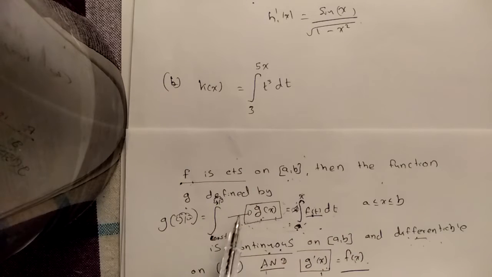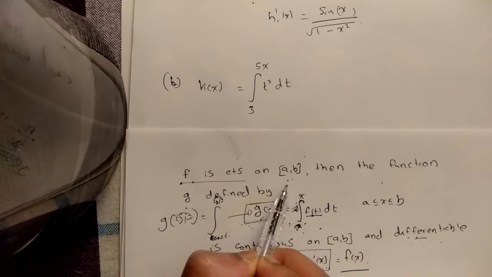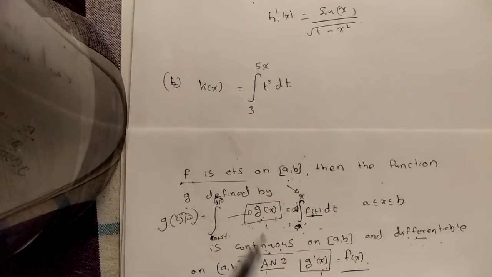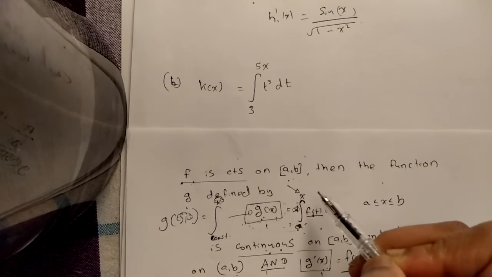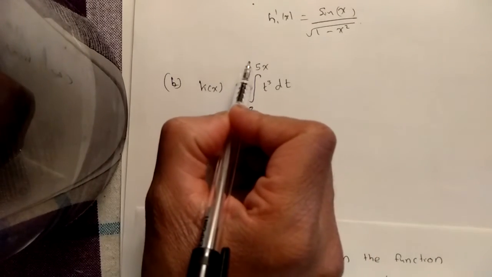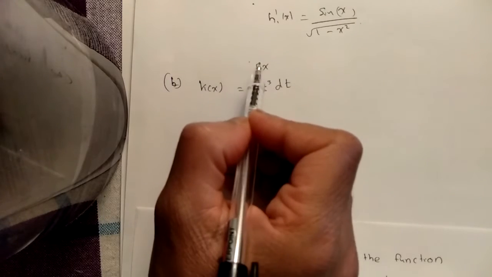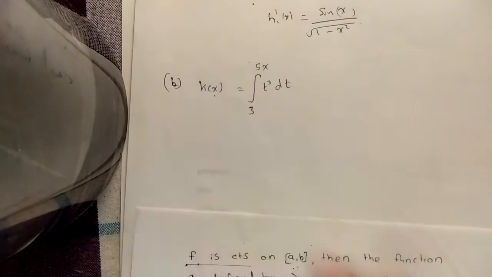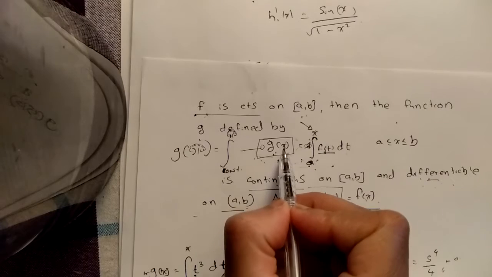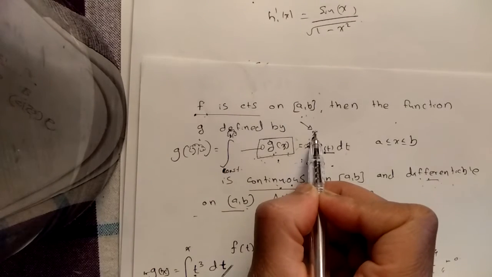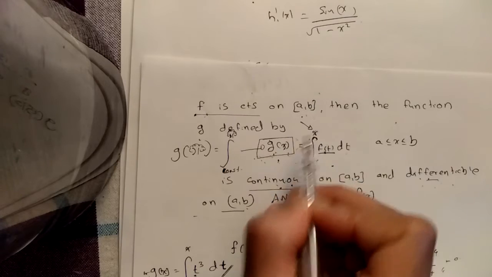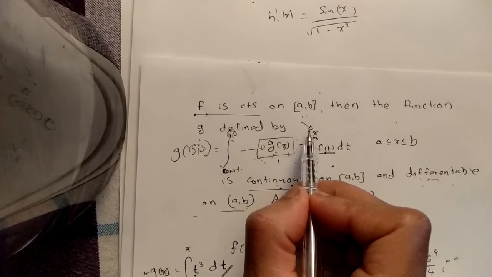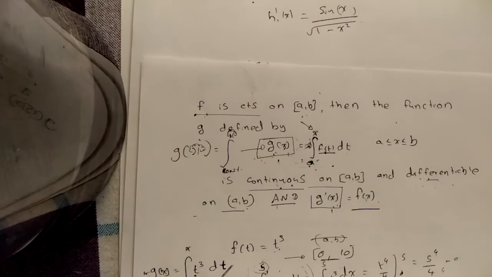Now see, in the original expression of the fundamental theorem, you have x in place of the upper limit, right? But in here it is not particularly x, right? It is 5x, but this is a function of x. So according to the theorem, if it is a function of x, you must have x in the upper limit, not anything else. Even you cannot multiply it with a simple constant, right?